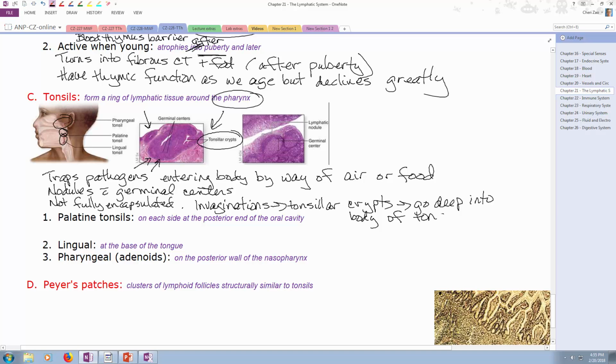And this is why they fail so much at taking care of you. Because I want you to realize you have a nice puffy tonsillar gland tissue, and you poke little holes in it. Those are the crypts or the invaginations, and everything's lined with epithelium. And what do we know about epithelium?